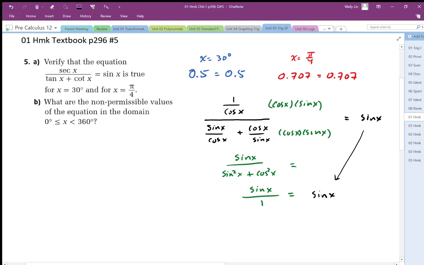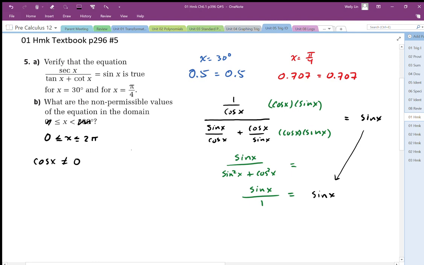Part B of this problem says, what are the non-permissible values of the equation in the domain? So it says from 0 to 360, but I'm going to change this because we really should be working with radians. So we're going to change that to 2 pi. And so the non-permissible values are wherever we're dividing by 0. Secant is a problem when cosine is 0, so we're going to say cos x cannot be equal to 0.